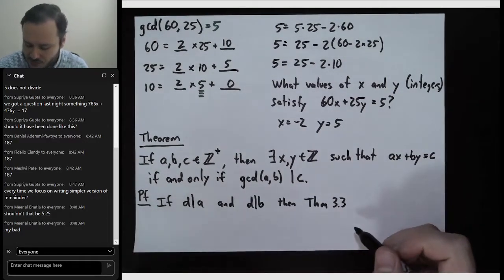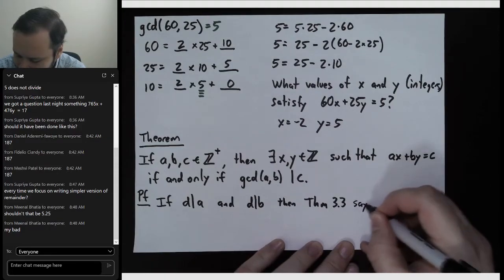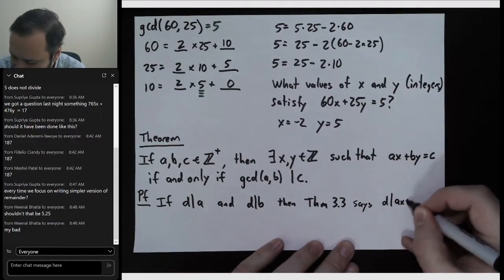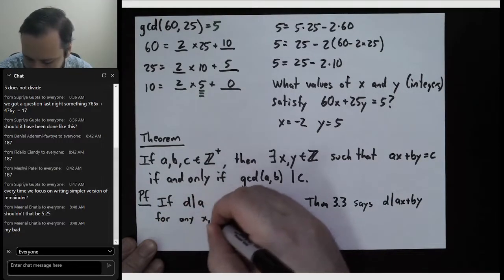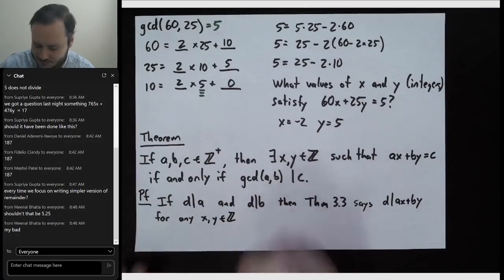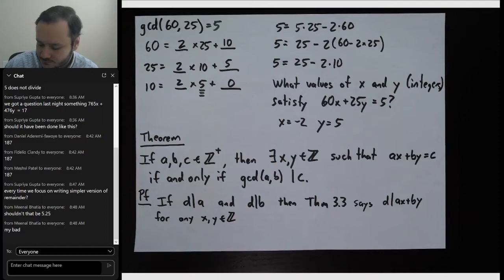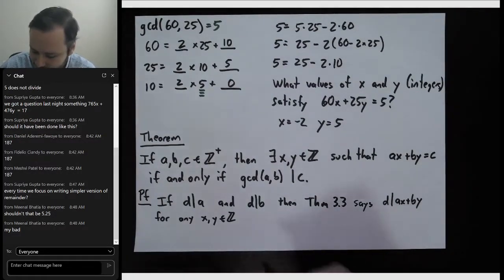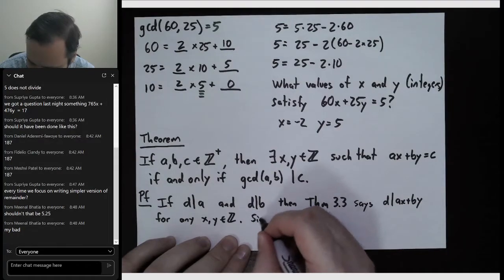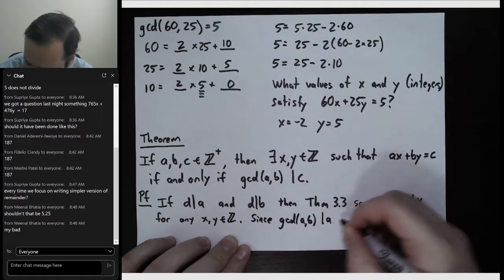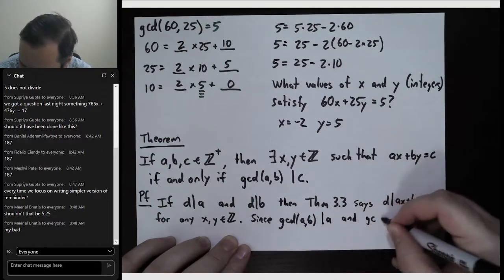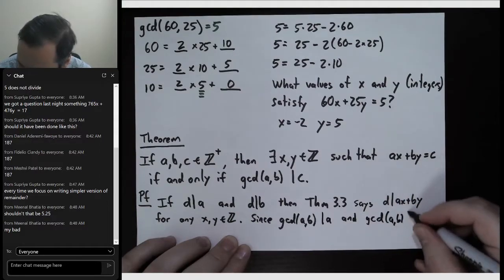But part of theorem 3.3 says that D divides ax plus by for any x and y in the integers. And the GCD certainly divides A and B, since the GCD of A and B divides A, and the GCD of A and B divides B.